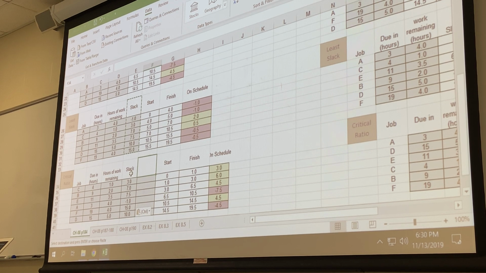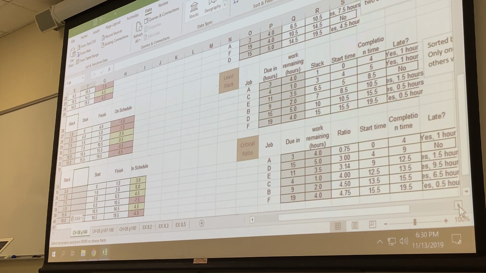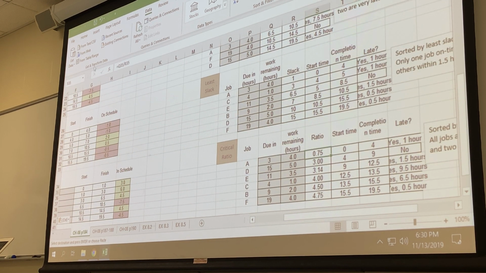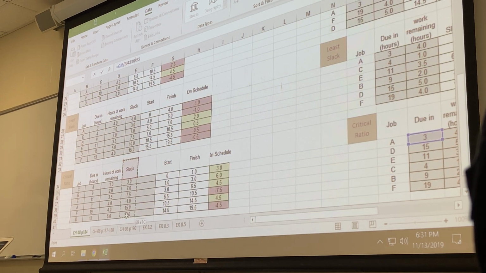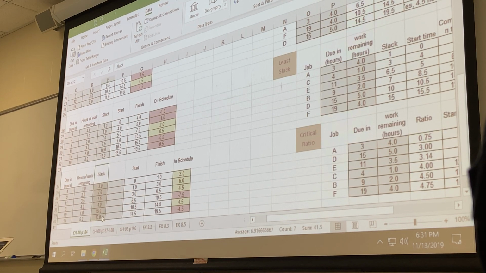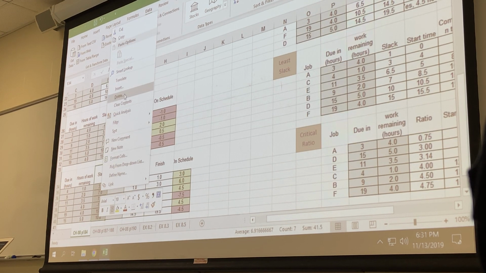The critical ratio is how, or I don't do that. Critical ratio is, no, I don't need that. It's strictly division of when is it due versus how much time you have. So I'm wrong there. I didn't need that. Delete.